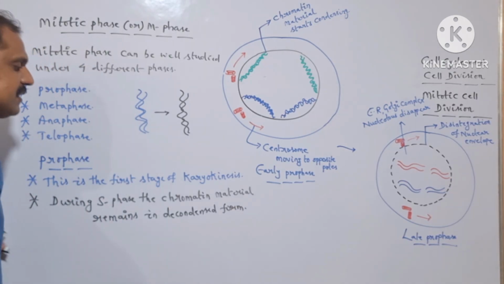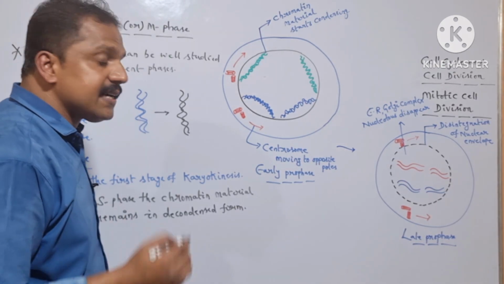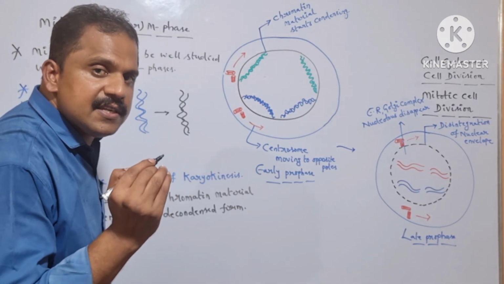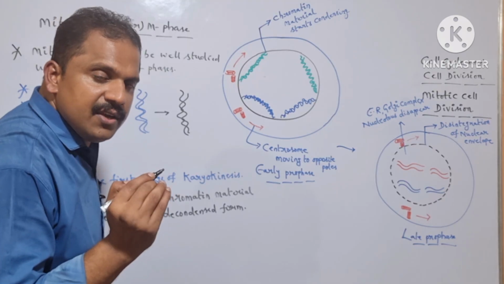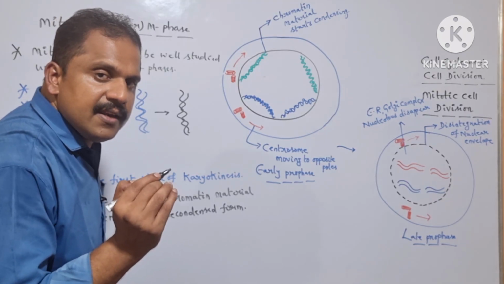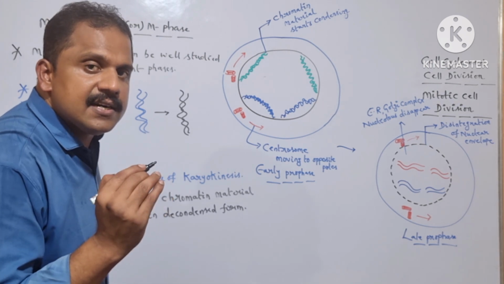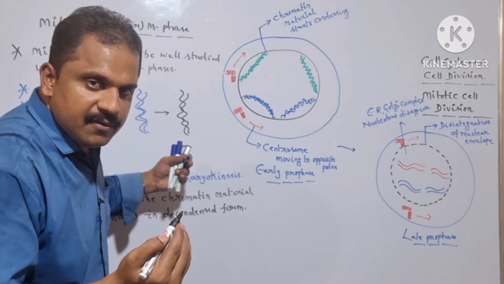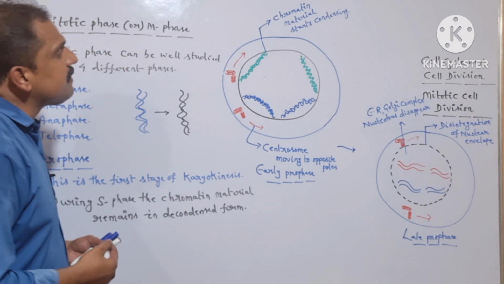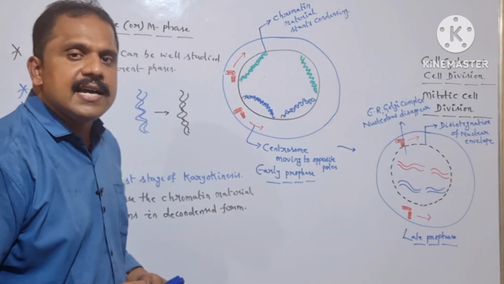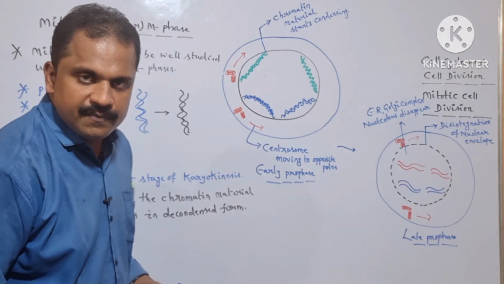But once the cell cycle successfully proceeds from the interphase stage to the mitotic phase, the chromatin material, which was initially in decondensed form, successfully starts to convert into condensed form. Is it clear? And the condensed form of the chromatin material is otherwise known as chromosome.